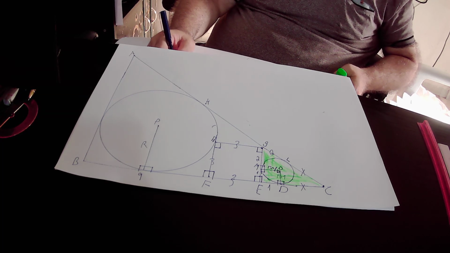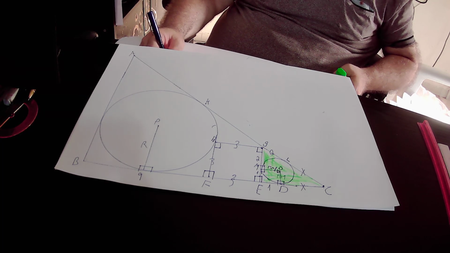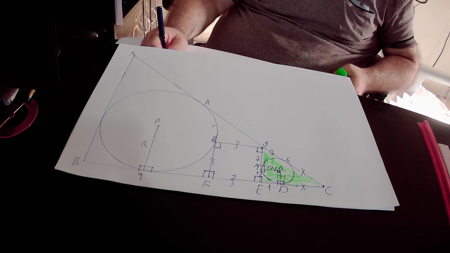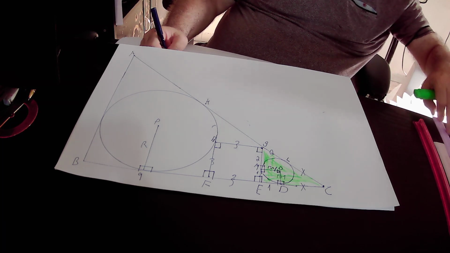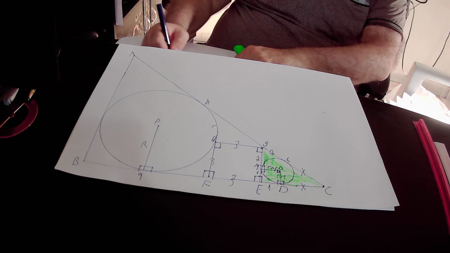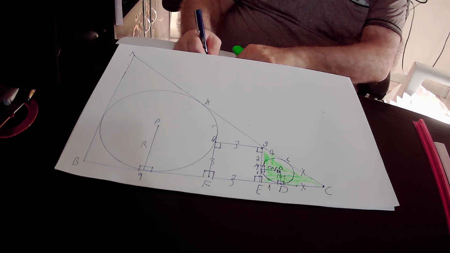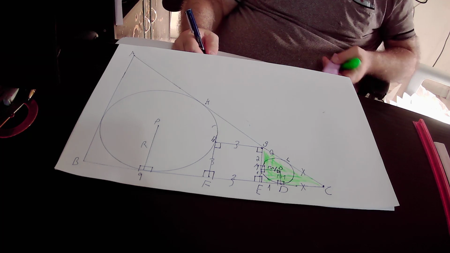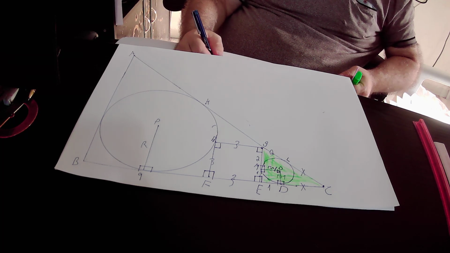PT is the abbreviation for Pythagoras theorem. The square of the hypotenuse equals the sum of the squares of the perpendiculars, according to the Pythagoras theorem.